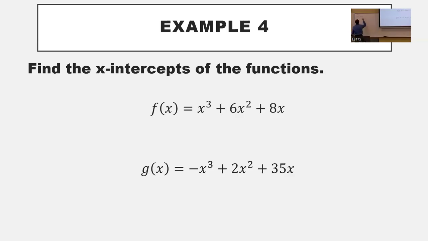Let's look at a couple of examples here. These are pretty straightforward examples of factoring. We have x to the third plus 6x squared plus 8x as my f of x. And as my g of x, we have negative x to the third plus 2x squared plus 35x.